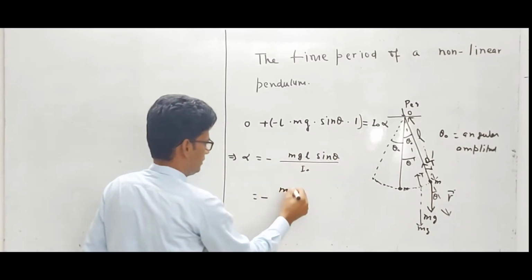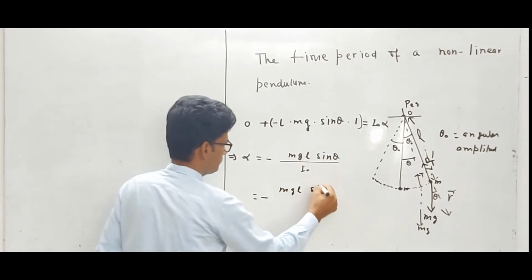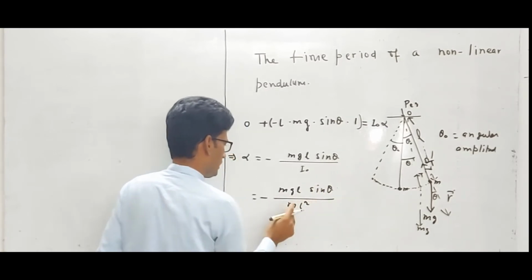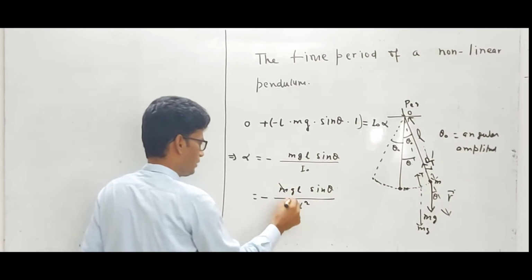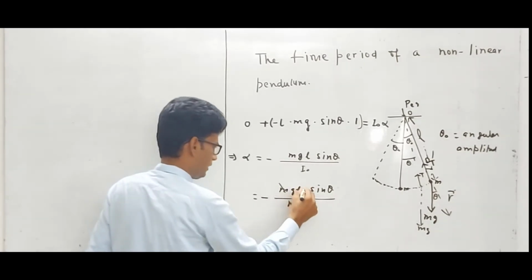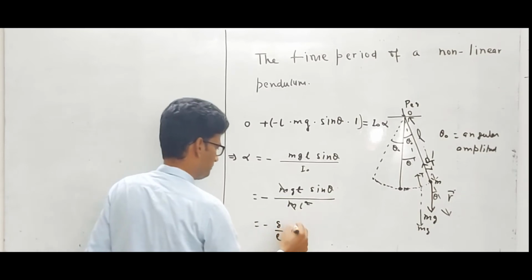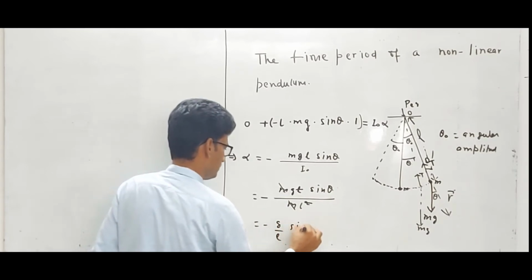So here it is mgl sine theta over ml square. m is not 0 and is already a defined quantity, so it cancels out, and one L cancels out. It comes out to be minus g by L sine theta.